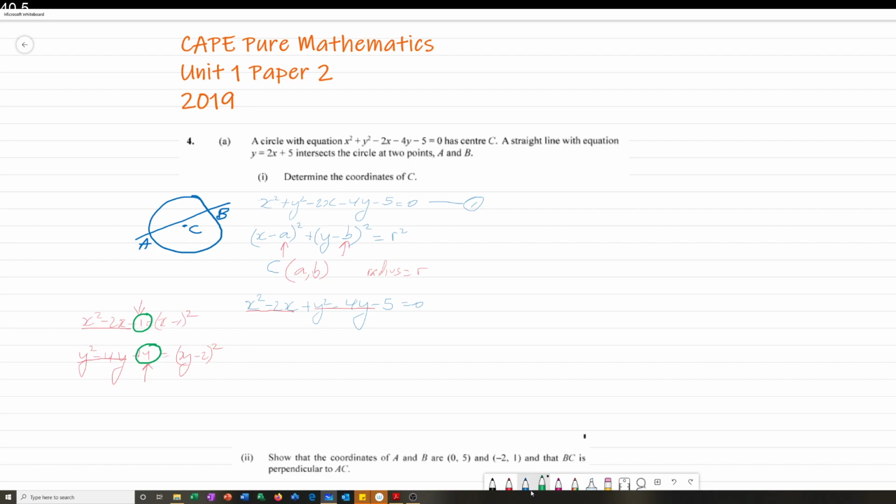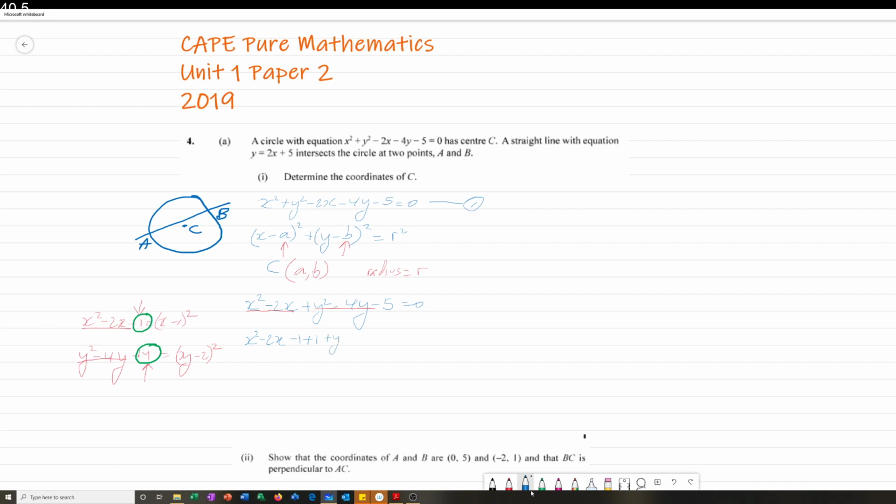So if I need x squared minus 2x and I need a plus 1, then I could stick in a minus 1 and then plus 1 right after. By doing that, I'm really just adding 0. I'm not changing the expression.